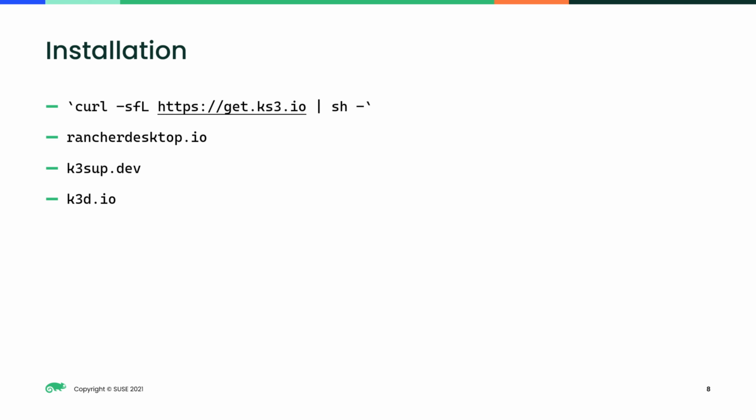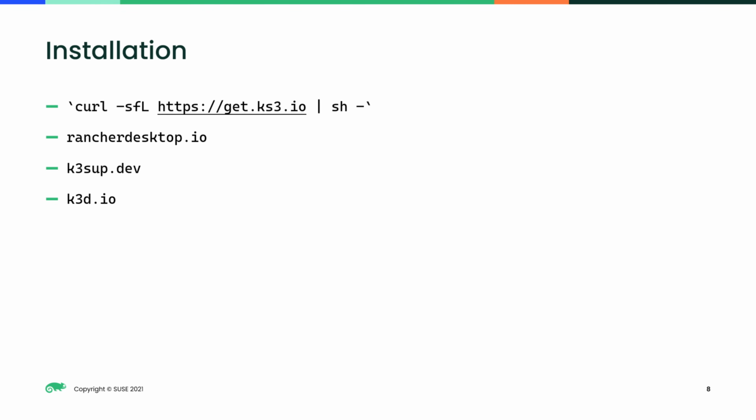There is K3s up, or I think he typically pronounces it ketchup, by Alex Ellis, which is a fantastic tool that allows you from one computer to install K3s and other components onto a variety of machines with SSH.